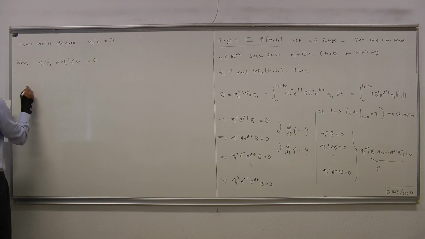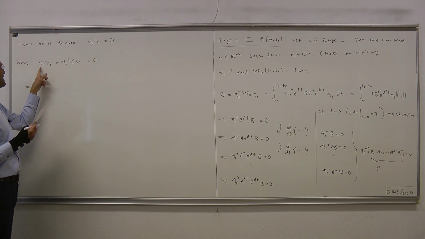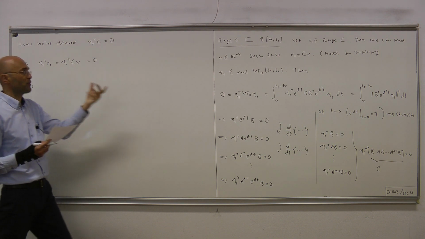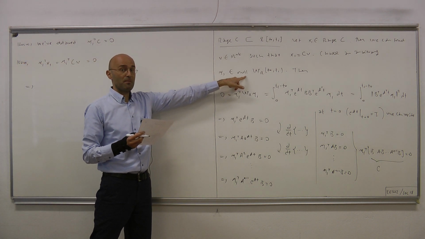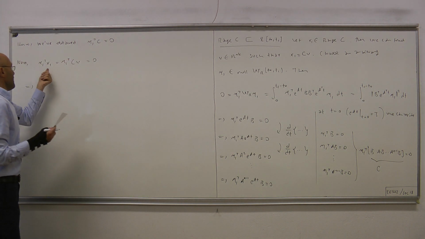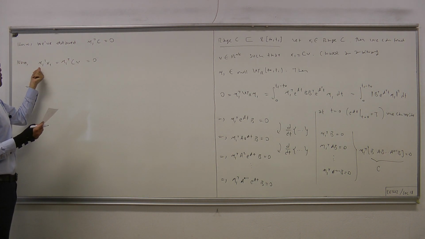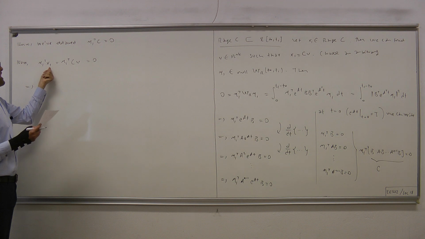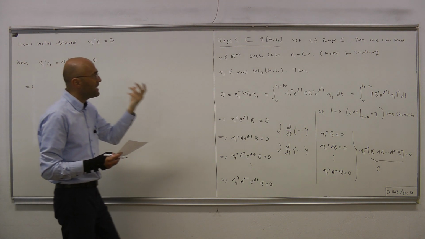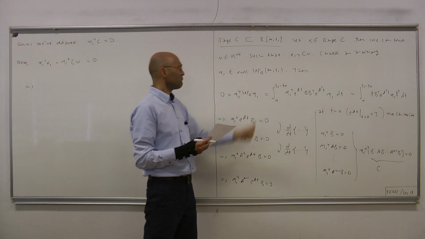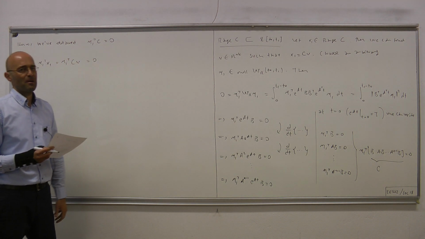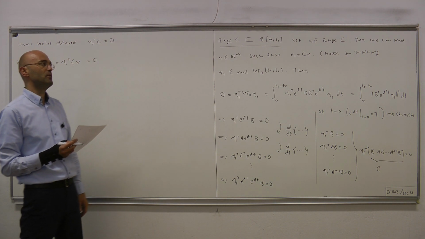So that implies what? Now, since eta 1 was an arbitrary vector from the subspace, and x1 is orthogonal to eta 1, that means x1 is orthogonal to any vector from that subspace, which is the null space of the reachability Gramian.